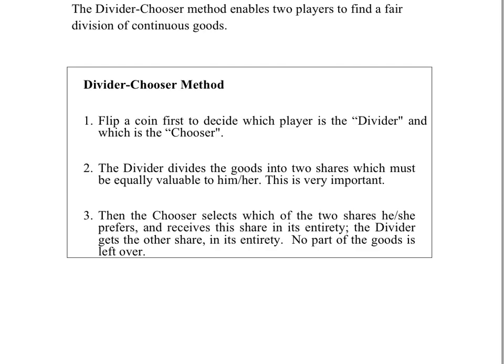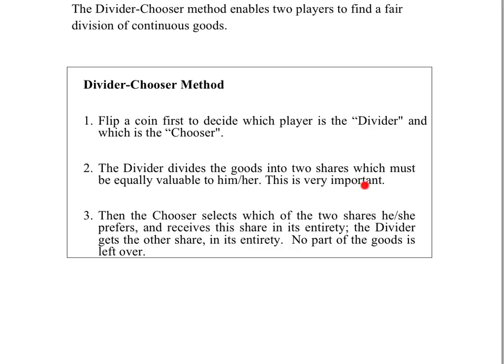So the divider-chooser method says that first you flip a coin to decide which player is the divider and which is the chooser. Whoever turns out to be the divider, this is determined randomly, divides the goods into 2 shares, which must be equally valuable in his or her own estimation, equally valuable according to his or her own value system.